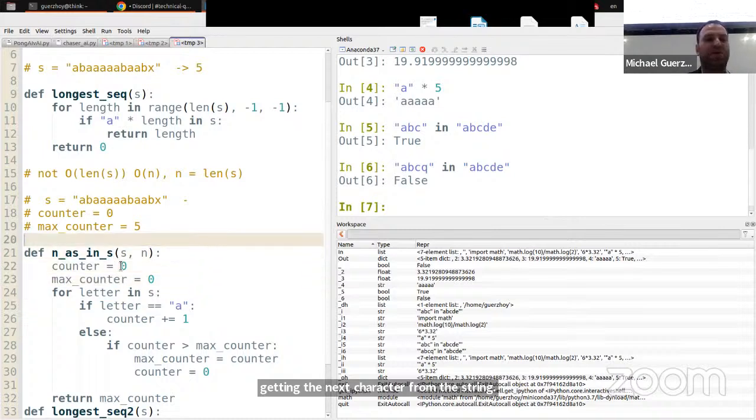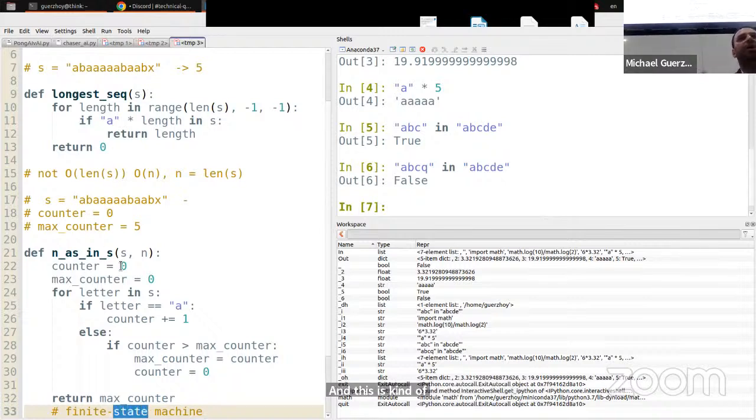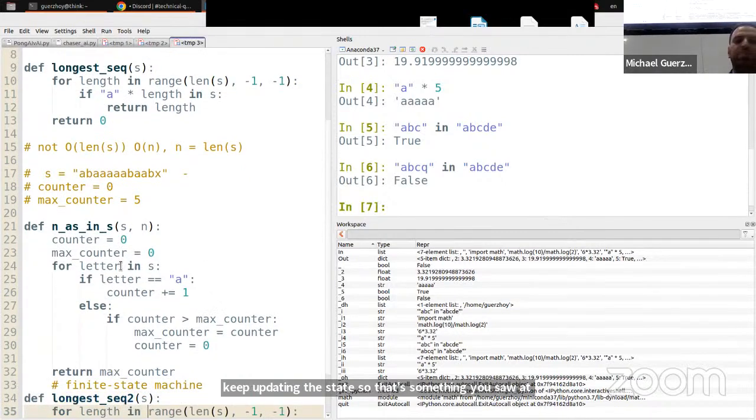And that's a very common thing. We won't get into detail, but that's an example of what's called a finite state machine. This is more like second year theory, but the idea is basically you keep getting input and you keep updating the state. So that's something you saw in project one and something that you see again.